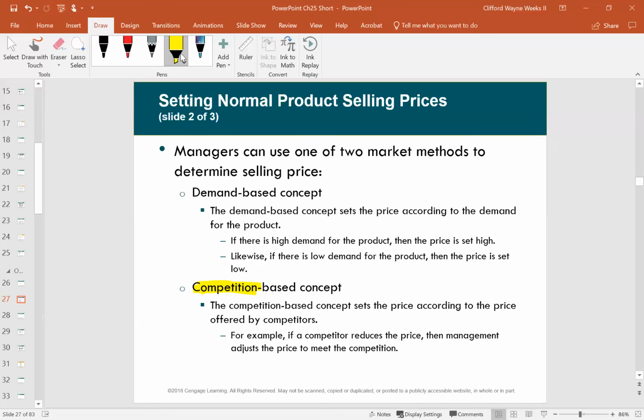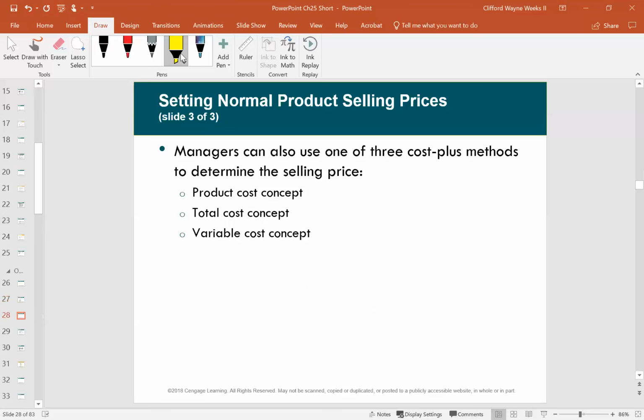That is a beneficial way, but you'd also want to take that information and plug it into one of these three methods. So in this PowerPoint, we're going to be covering this method, which is product costs. And if you remember, product costs are direct materials, direct labor, and factory overhead. Where total cost would be our product cost from above plus our period cost.